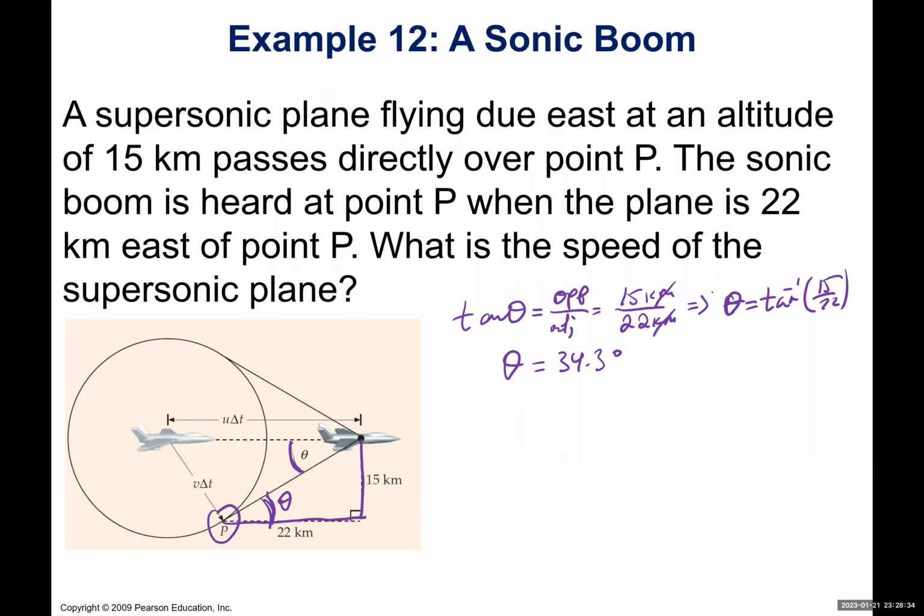Now, to find the speed, let's take u to be the speed of the plane, which is the speed it has when covering that particular distance. Similarly, we can use trigonometry again to calculate the speed of the supersonic plane.